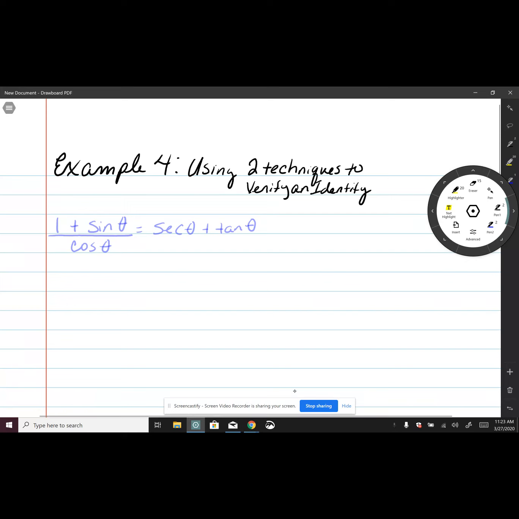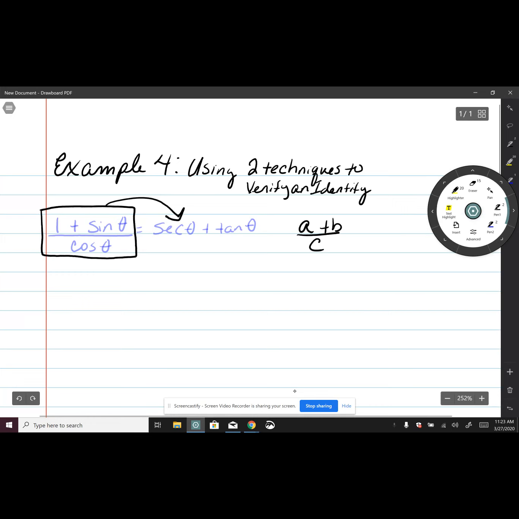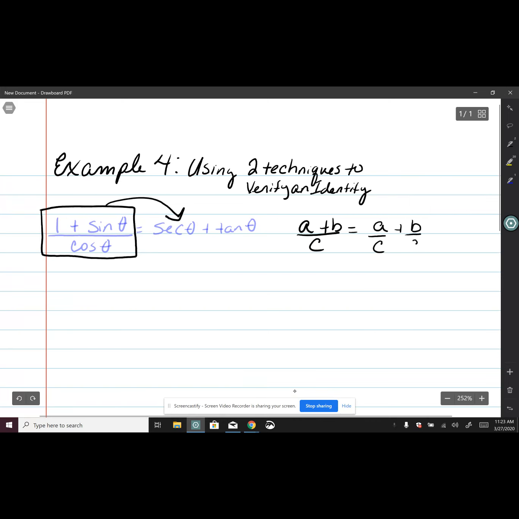So I'm only going to focus on this side, and I want to turn this side into that side. As I'm looking at this, I'm going, okay, what do I do first? Because it's just a really ugly fraction. Well, if you remember, we have fraction rules that say if you've got a plus b all over c, this is going to be the same thing as a over c plus b over c.